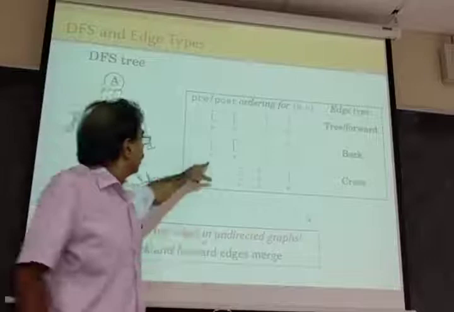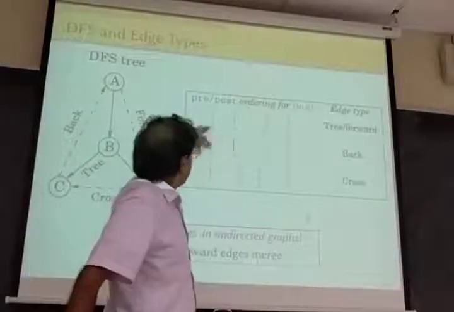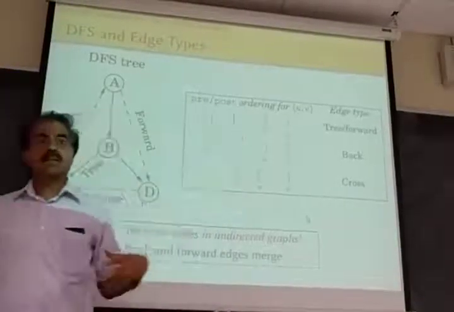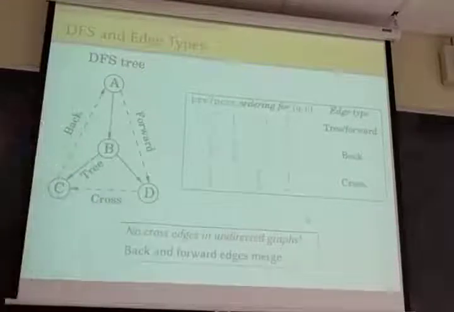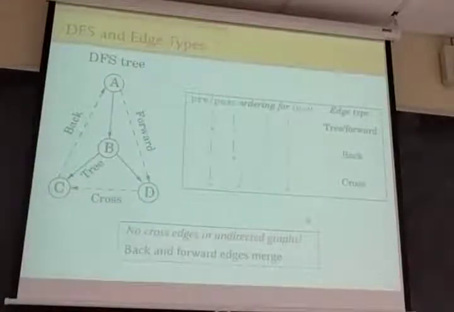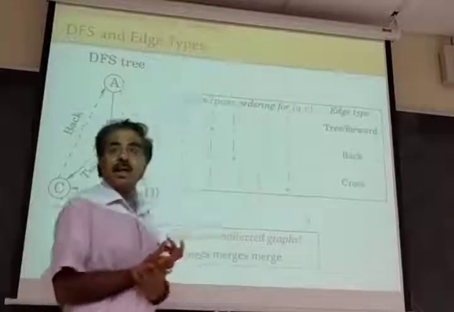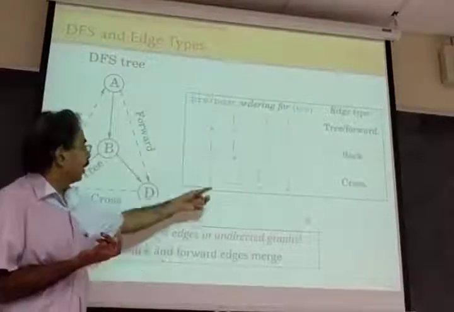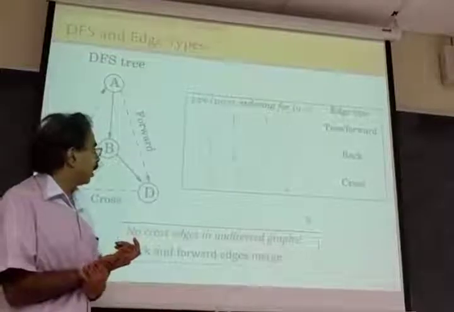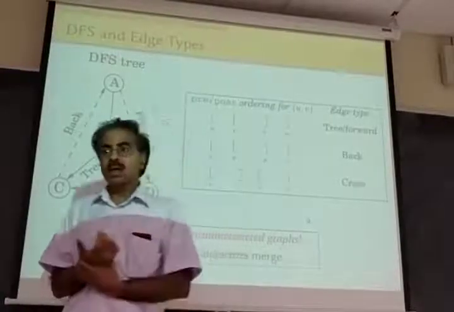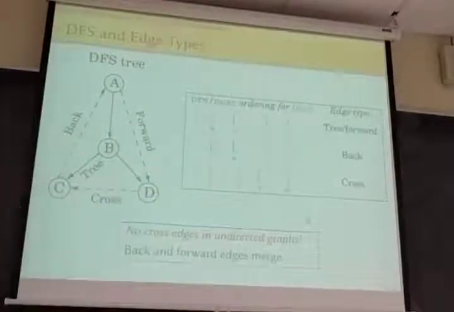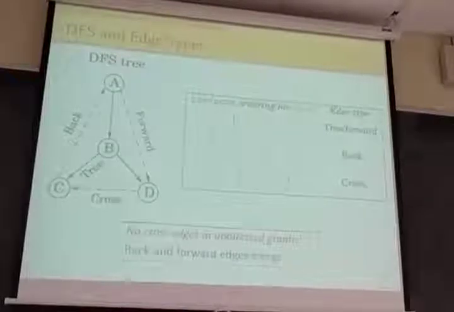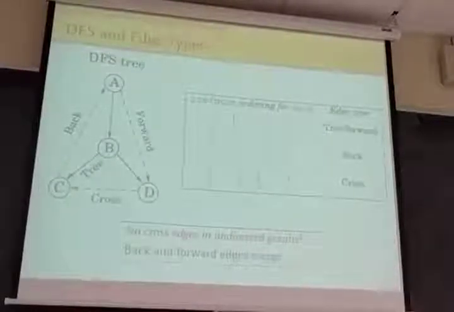Similarly, if the situation is flipped, that means v is the ancestor and u is the descendant, and then it will be called a back edge. And finally, if the intervals are disjoint, that means there is no ancestor-descendant relationship, and in that case, those edges are called cross edges.